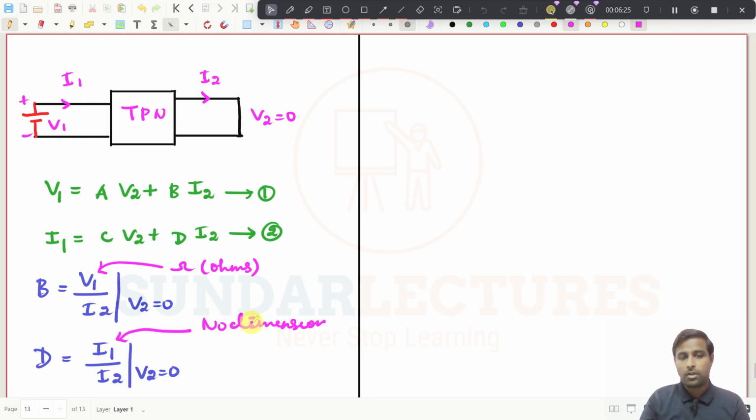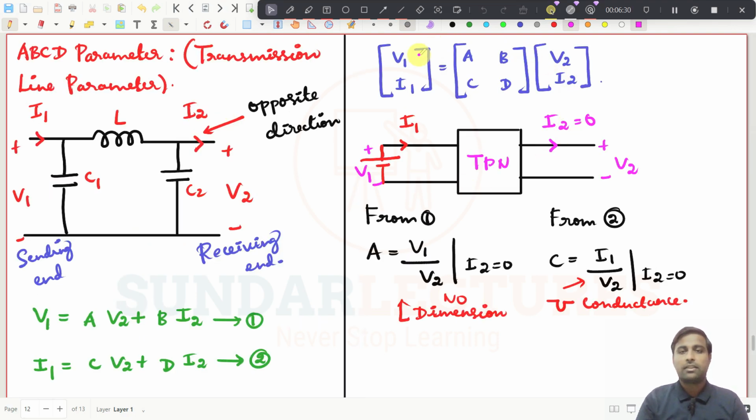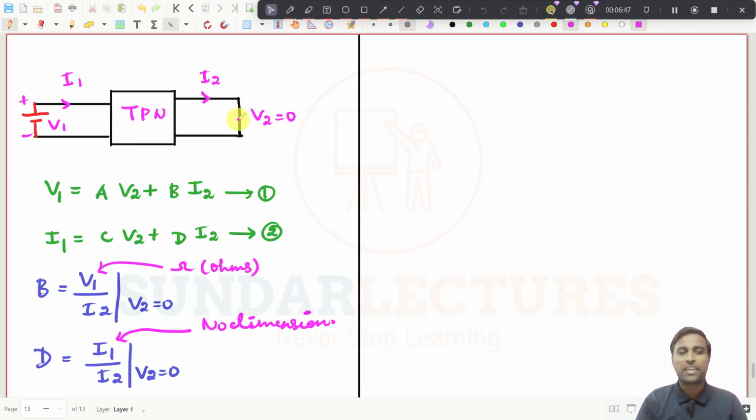Now, these are the ABCD parameters, and you know how to find the value of A, B, C and D: with the receiving end open circuited, which means no load is connected, and with a short circuit, then the values of B and D. That is how we find the ABCD parameters.